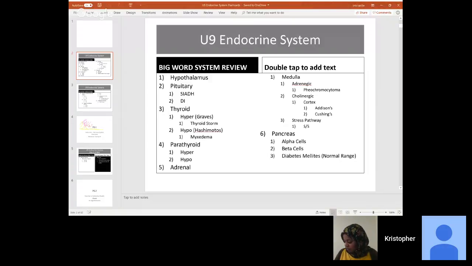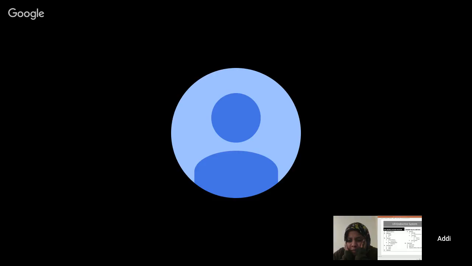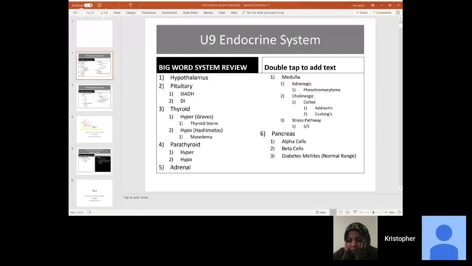Now, the disease process that we talk about on the adrenergic side is pheochromocytoma. Can anybody tell me anything about that? What's going on with that? It's a tumor on the adrenal medulla, and it causes an elevated or a decreased level of epi, norepi, and dopey.